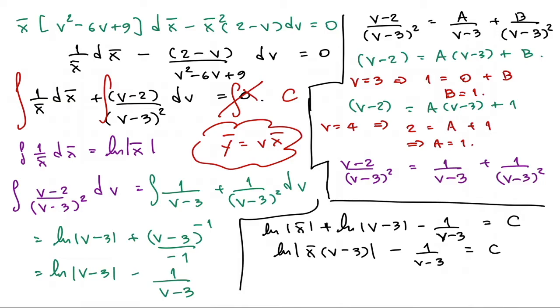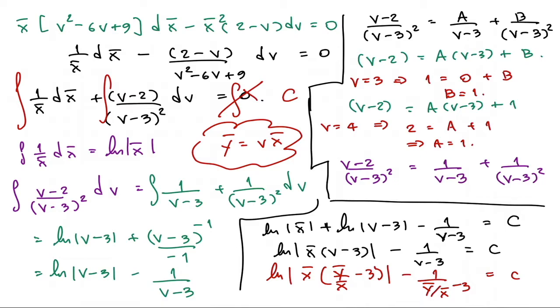So I have log of x bar times (y bar divided by x bar minus 3), minus 1 divided by (y bar over x bar minus 3), equals c.